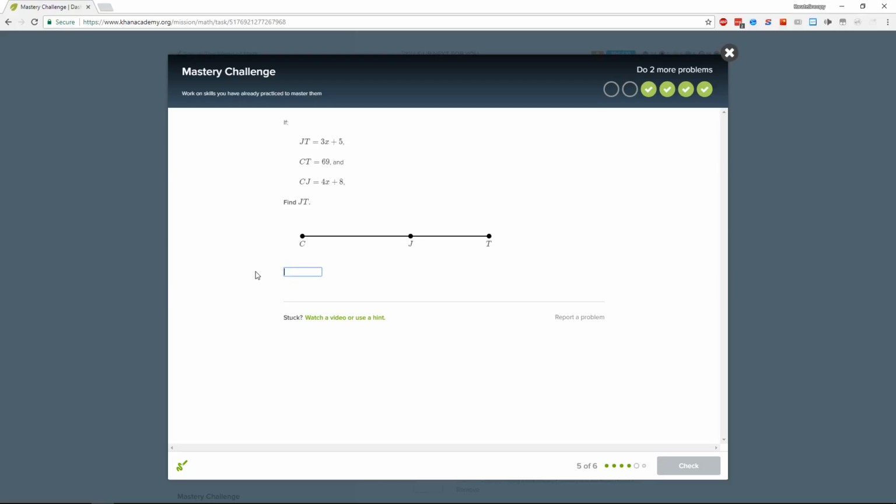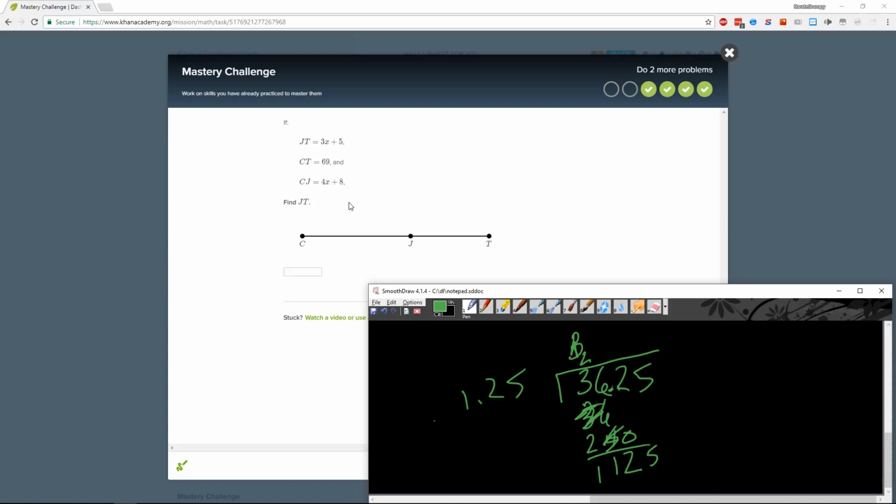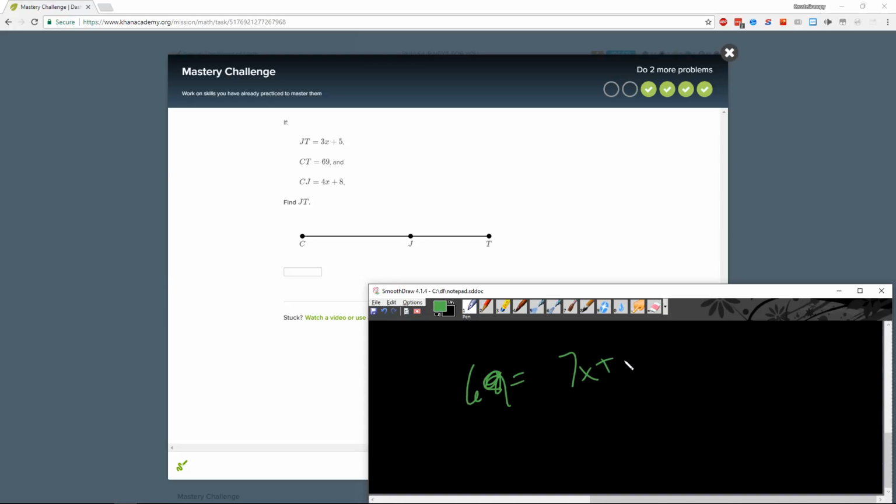Okay, so CT's the whole thing, and find JT. So we're looking at similar triangles. We're looking at 69 equals 7x plus 13. So minusing 13 from both sides is 56 equals 7x. So it's I think 49 plus 8.